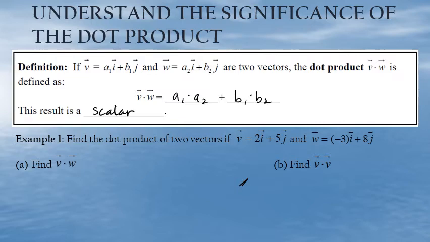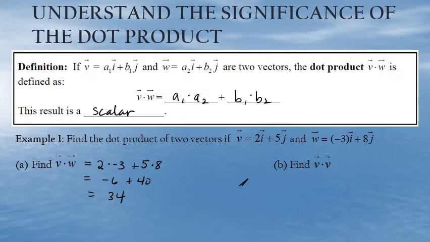So for the first one, finding the dot product of v and w, we will take the a value of 2 and the a sub 2 value of negative 3, and we'll multiply them and add them to the b value of 5 multiplied by the b sub 2 value of 8. And that gives me negative 6 plus 40, for a dot product of the scalar 34.